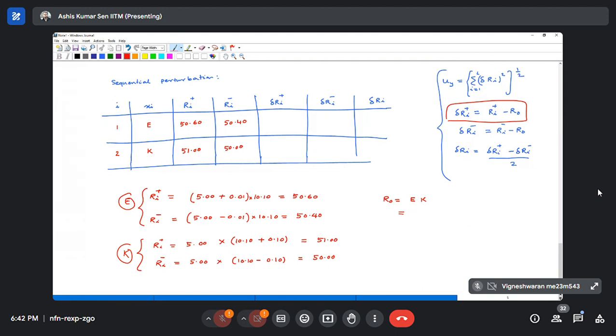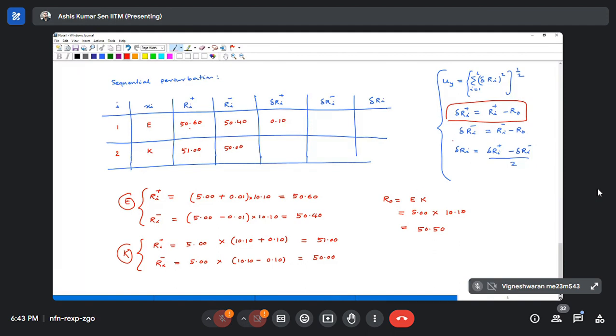So E is 5.00, K is 10.10. So the nominal value is 50.50. So delta Ri plus is 50.60 minus 50.50, so that is 0.10.